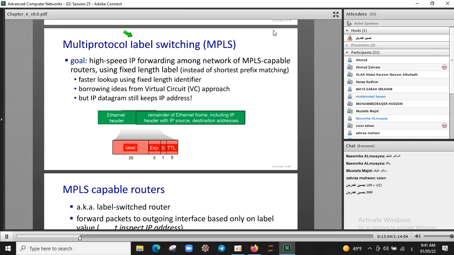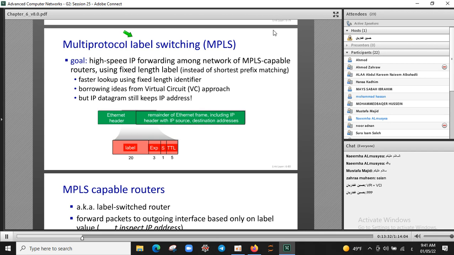Why? Because as we talked, in the current Internet, Ethernet networking technology is dominant. And Ethernet has no VPI, VCI, or anything like that. So what should we do in this case?